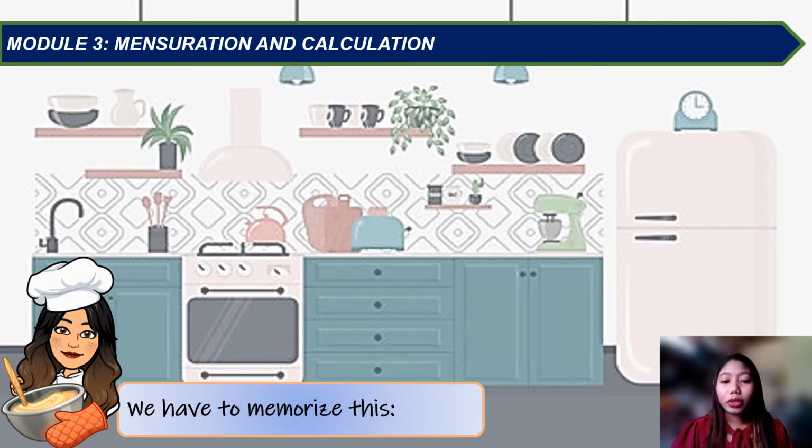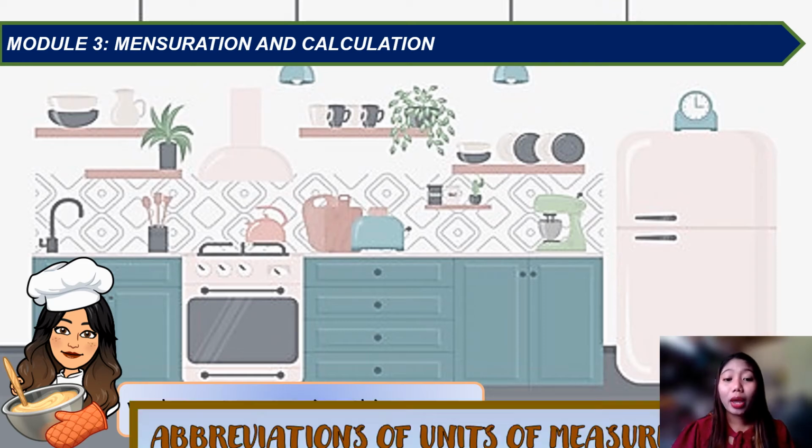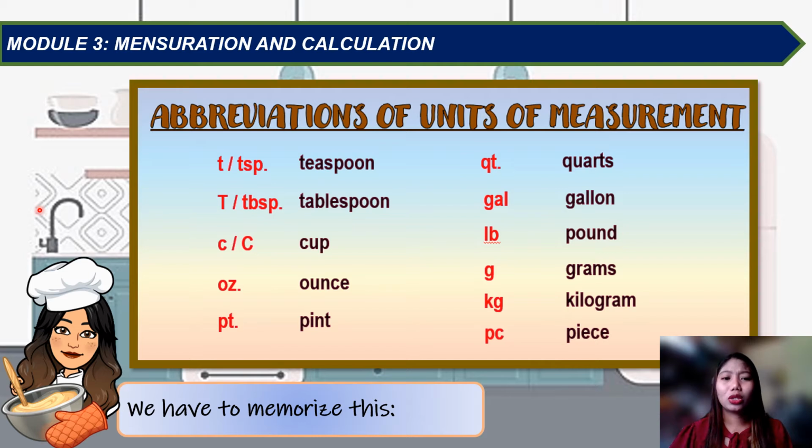Now, when it comes to unit of measurement, we have to memorize this. Ayan. So, the letters that you see in red colors like the capital letter T, you have to be very careful with that because when we talk about unit of measurement, abbreviations, yung mga pinaikli. Ayan.